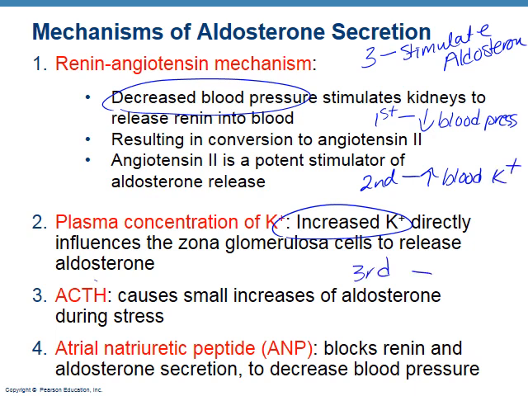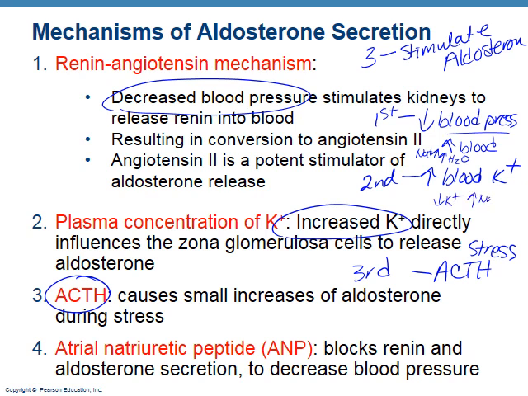Third, ACTH release due to stress. So all of these, if you have decreased blood pressure, we want to have increased. How do we do that? We reabsorb sodium and we reabsorb water. If I want to kick this potassium out, I reabsorb sodium, I reabsorb water.